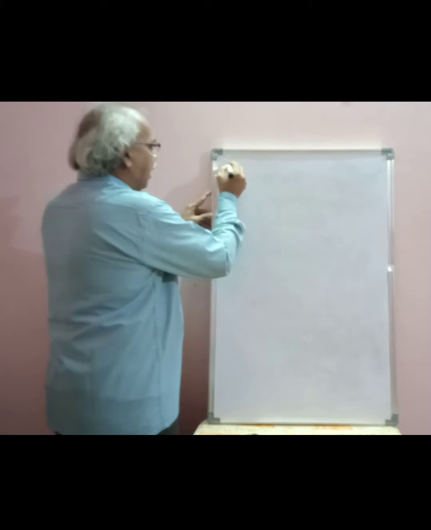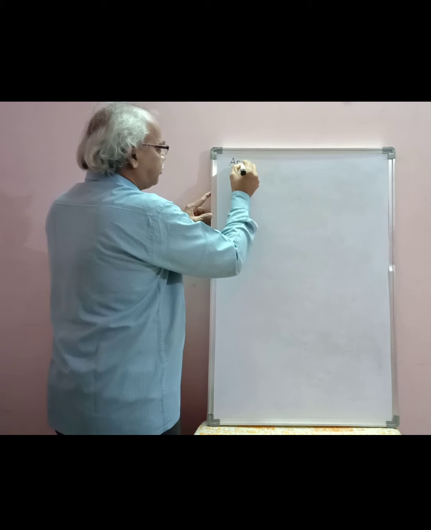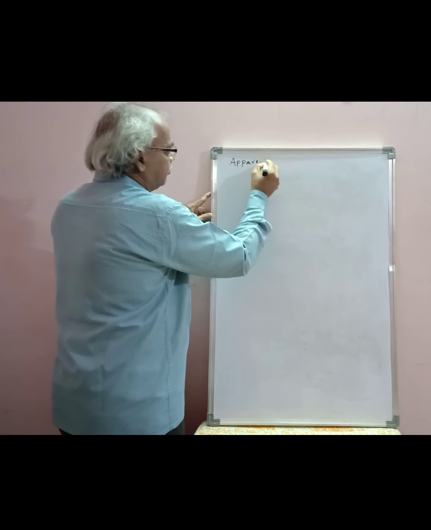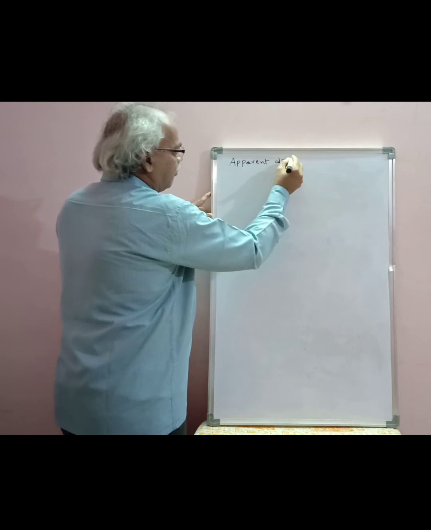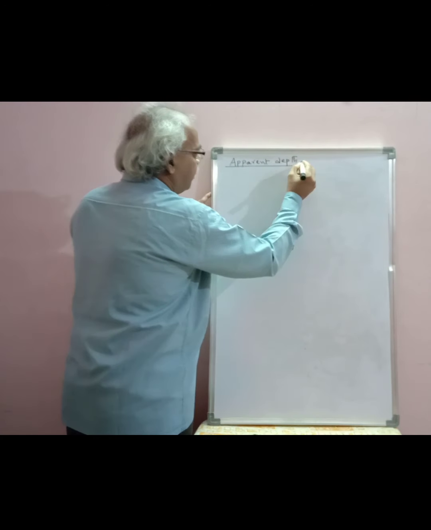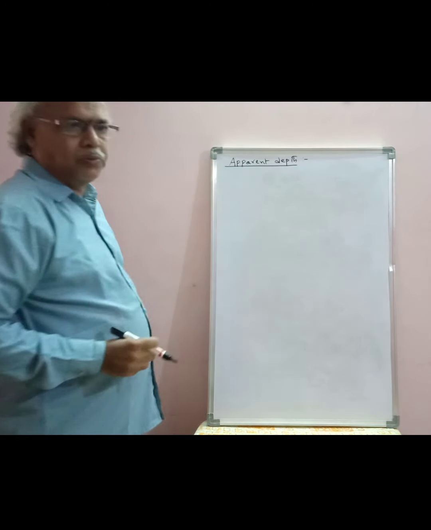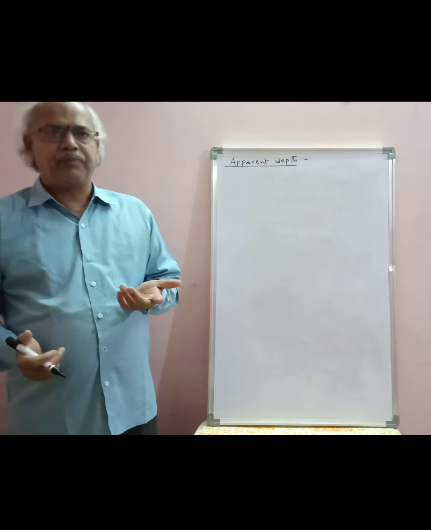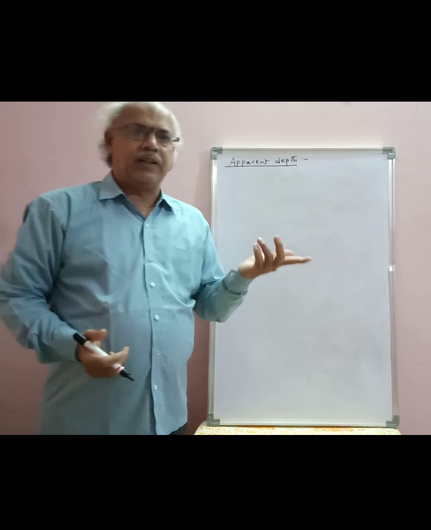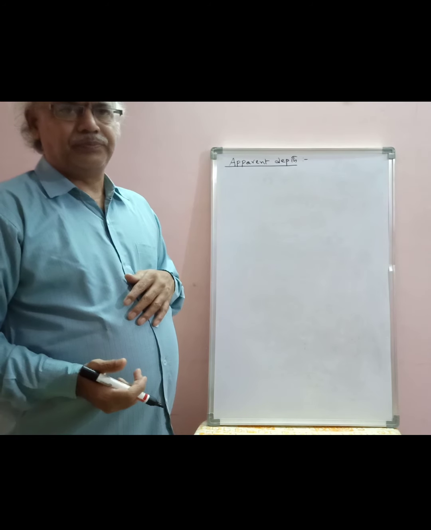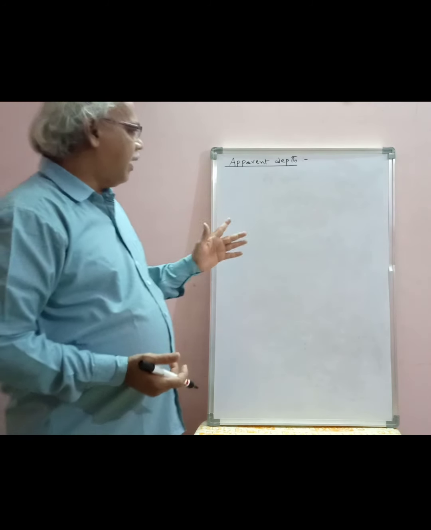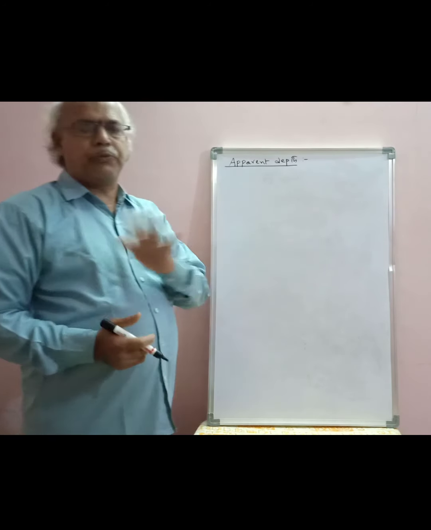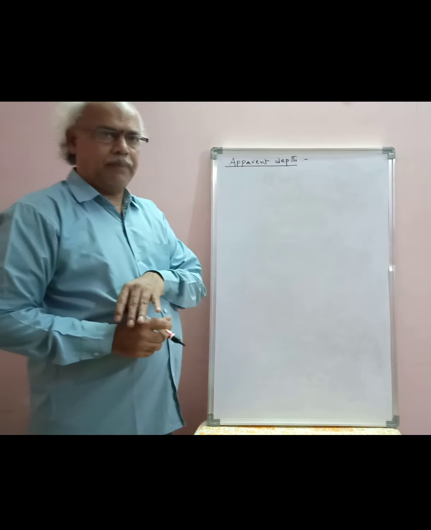Then apparent depth. Apparent depth is of two types: when the object is in a denser medium and when the object is in a rarer medium. When a light ray travels from one medium to another medium, what happens?